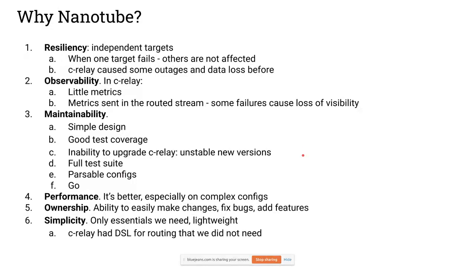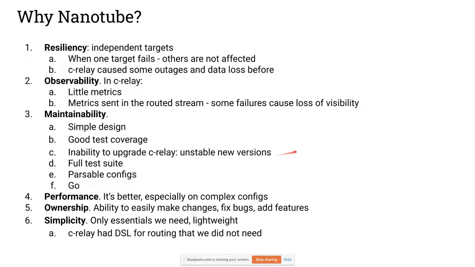Another problem was that we were unable to upgrade to newer versions because the C-relay did not work on our scale. We had it fail. We tried this a couple of times, and it would be unstable every time. So we just stick with older versions. Another one is the configs were in their own programming language, and they were slightly harder to work with.